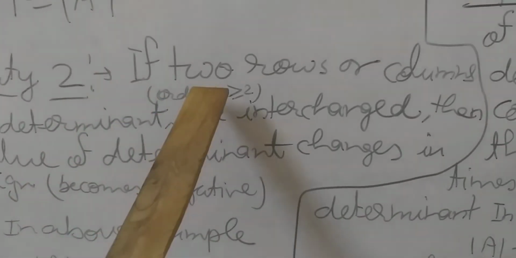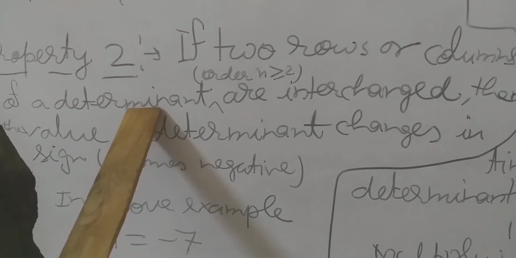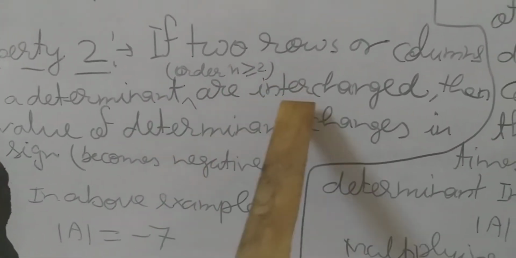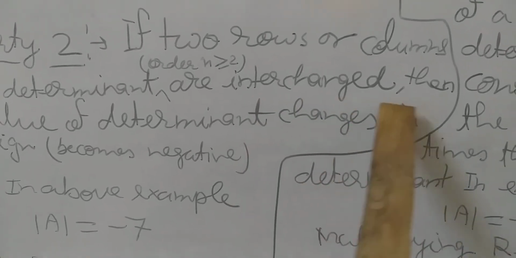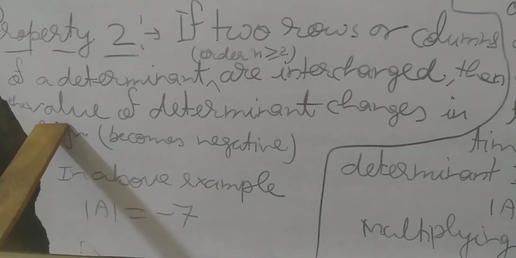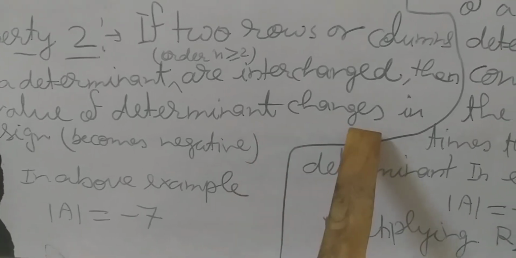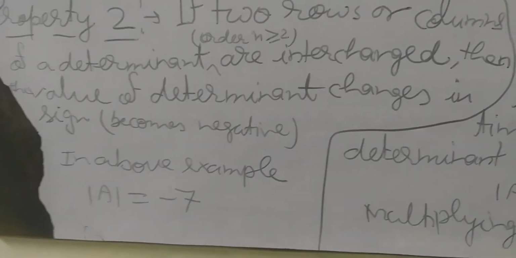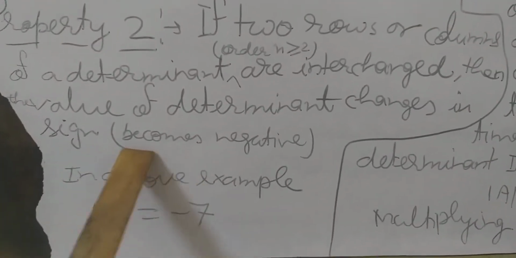Students, if two rows or columns of a determinant of order n greater than 2 are interchanged, then the value of the determinant changes in sign, meaning it becomes negative.